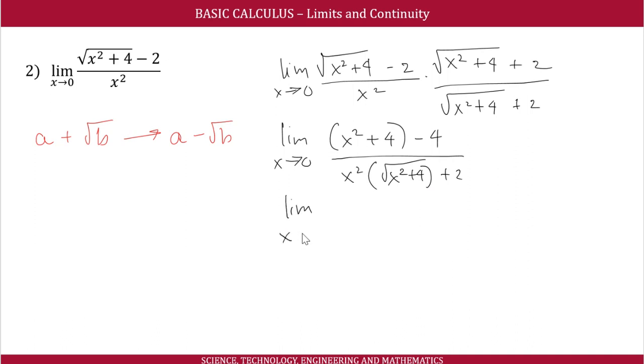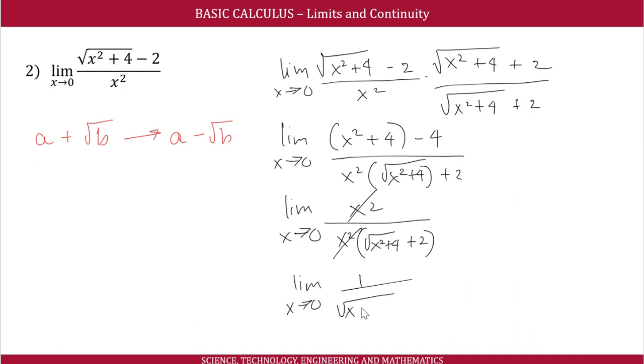Then simplifying further, we have 4 minus 4 is 0. So that will be x squared all over x squared times the square root of x squared plus 4 plus 2, and this will be cancelled. So we have the limit as x approaches 0 of 1 all over the square root of x squared plus 4 plus 2.